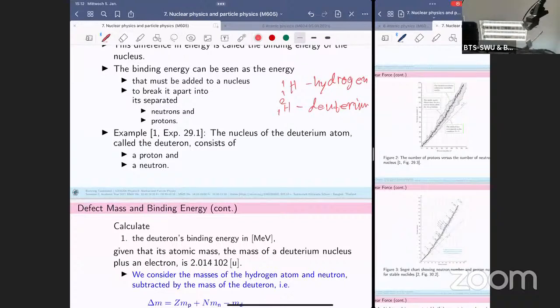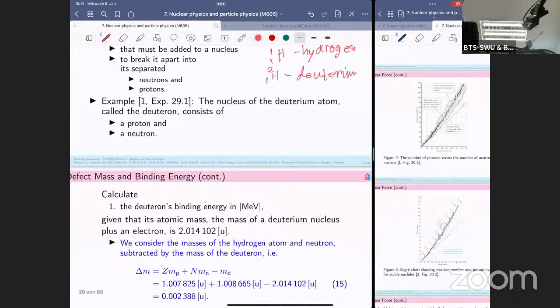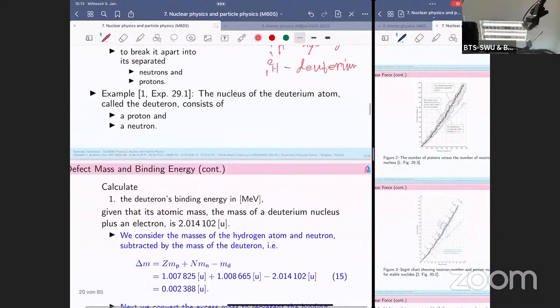The concept to do is the following: you need to find first the defect mass, and then you convert the defect mass to binding energy by using the multiplication. Delta M is the defect mass, or the additional mass, or the lost mass.